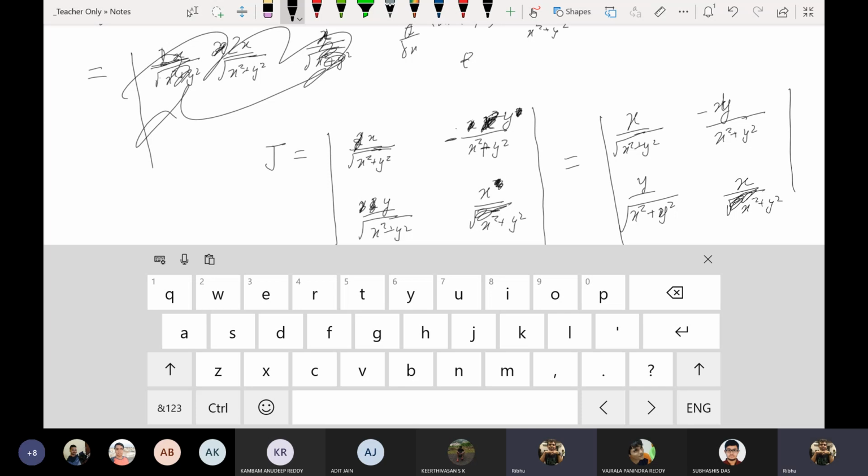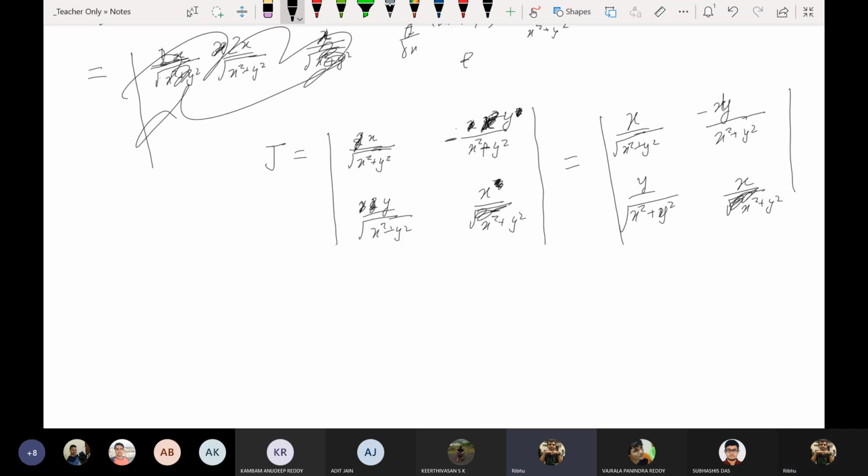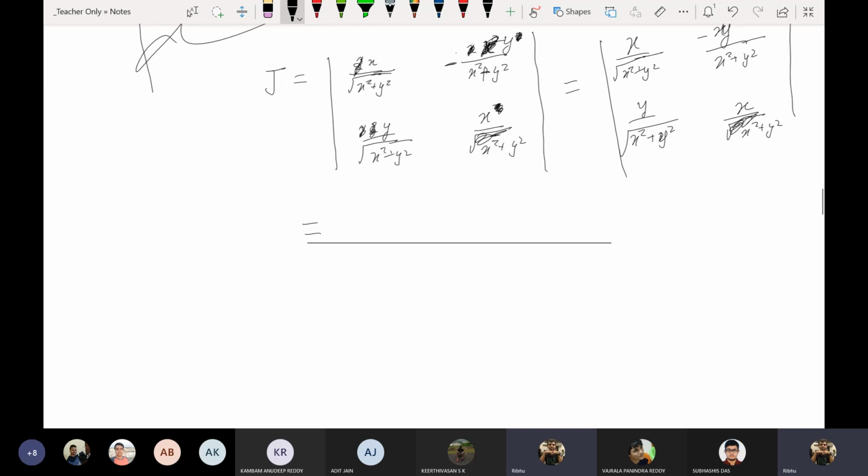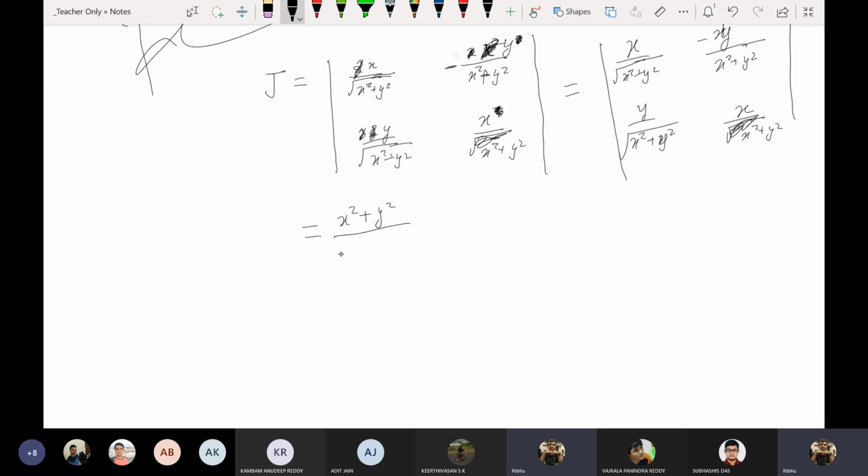Now this equals x square plus y square divided by x square plus y square raised to power 3 by 2, equals 1 upon root of x square plus y square, equals 1 upon z. So 1 upon J equals z. Fine.